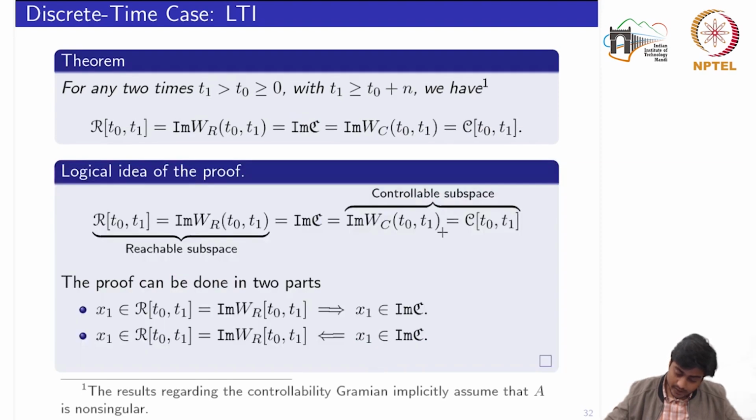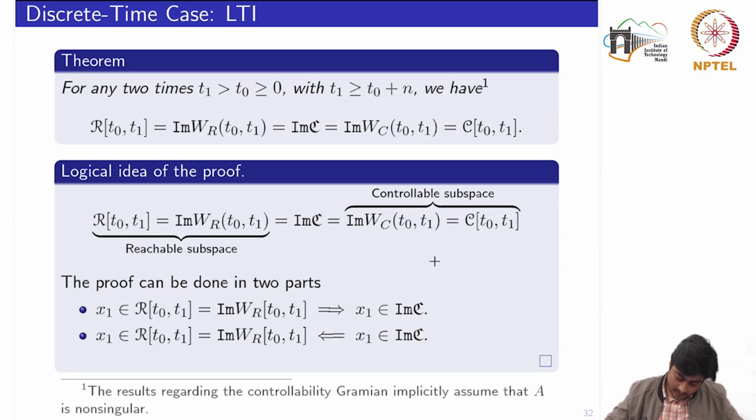Again, the proof could be done in two parts, similar to what we did previously. This equivalence comes from the controllable subspace and its characterization, and the reachable subspace; you only need to show these two equivalences, both ways, which you can do starting either from the reachable subspace result or from the controllable subspace result.